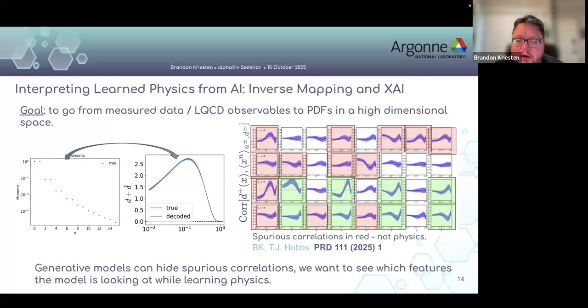And so you can see these spurious correlations, and that these generative models effectively hide these spurious correlations. Because if I look at this d plus d bar PDF, it matches exactly with the true. So I would think that everything is working, and I may make the assumption then that this model is learning physics. And the problem is it's not.